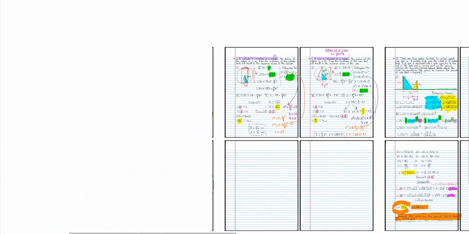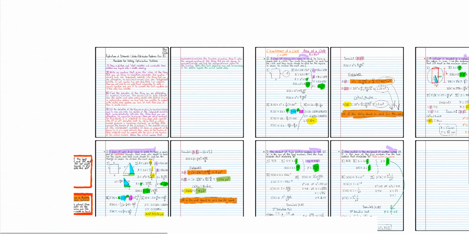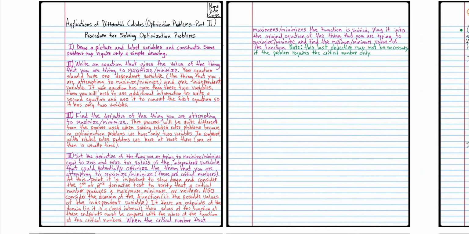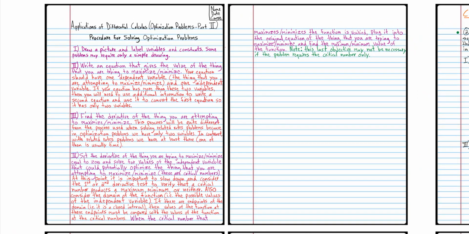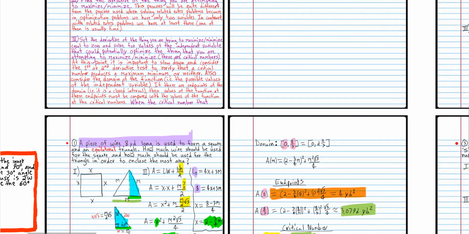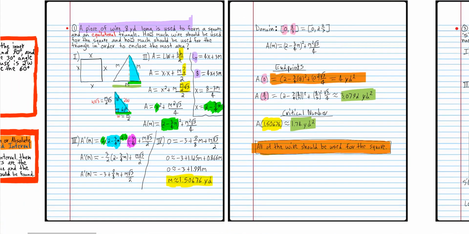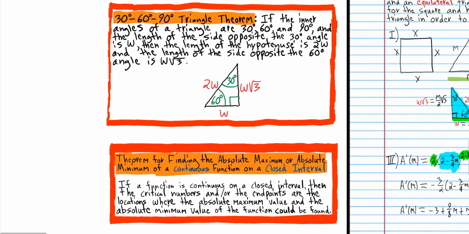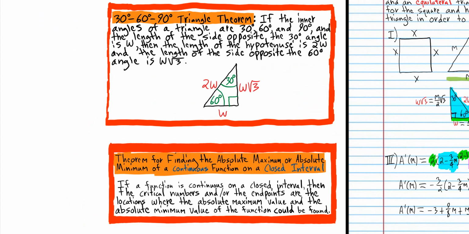So that said, if you want to get screenshots of all the work that we did today to help you with the homework and to study for tests, go ahead and do that now. Here's screenshot number 1. And here's screenshot number 2. And I want to make sure you get a chance to take a picture of these. I don't know if you'll need the 30, 60, 90 degree triangle theorem.